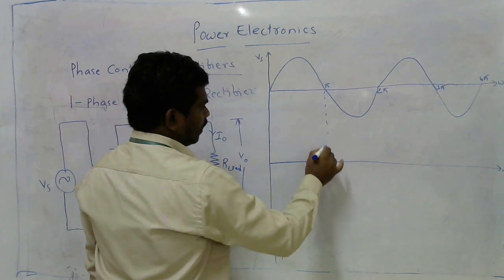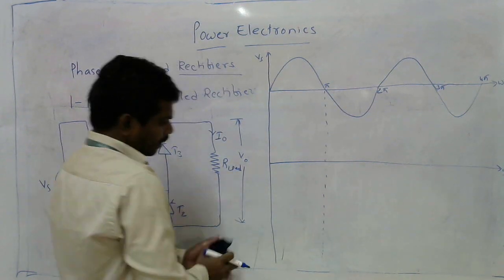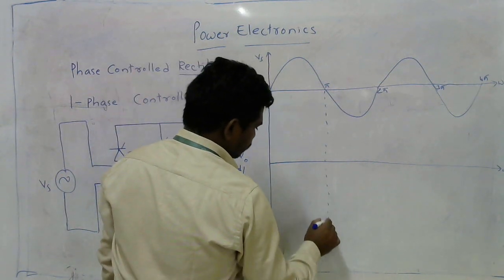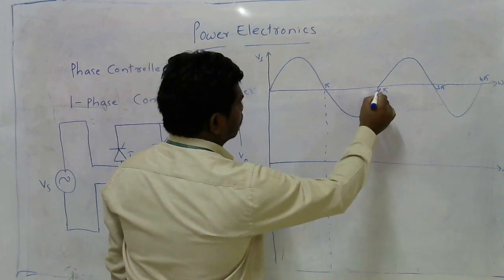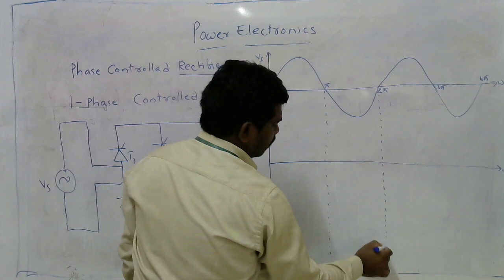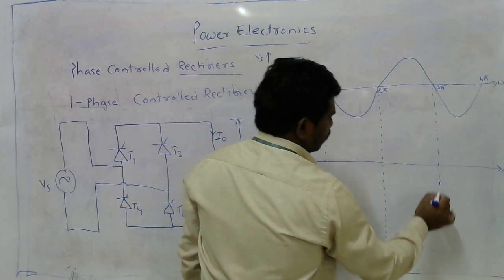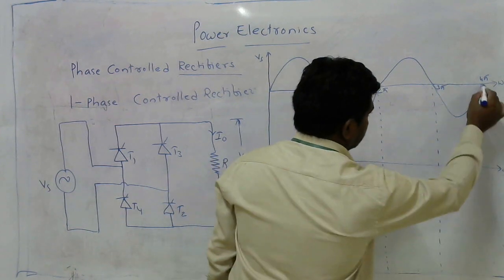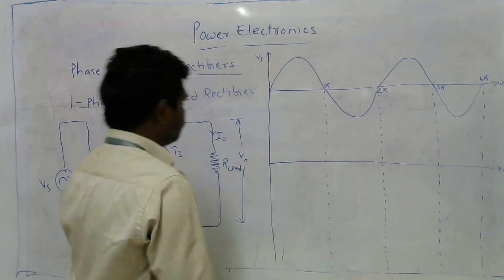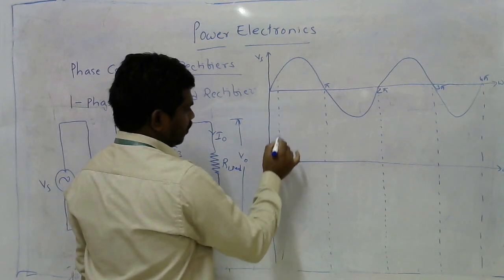Then draw vertical lines exactly downwards, and mark dotted lines like this. See, this is my alpha angle.